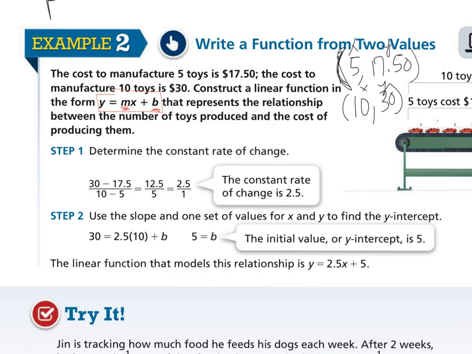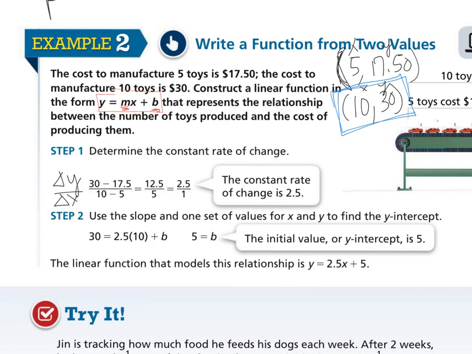Okay, so if we label the x and y there, remember slope, or rate of change, is change in y over change in x. So they started out 30 minus 17.5. And we have to be consistent here. If we started with the 30 for the y, we have to start with the 10 for the x.